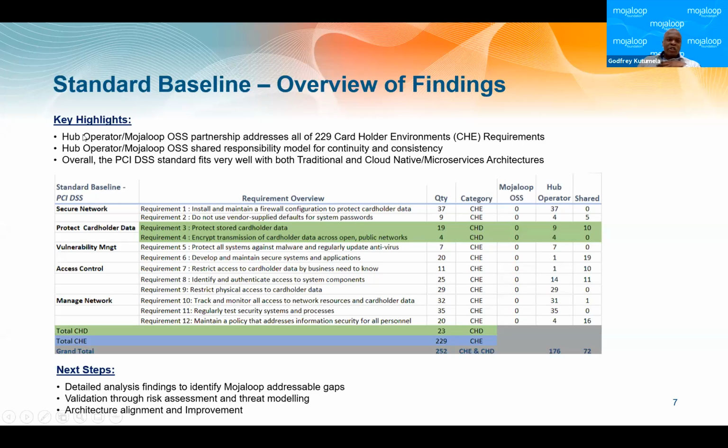There is no gap whatsoever where we can categorically say it's not applicable, especially on the cardholder environment part of it. And on the cardholder data itself, we still went on to perform it as if we're hosting cardholder data somewhere within our ecosystem, so that it can give us a feel of how we're doing against that.